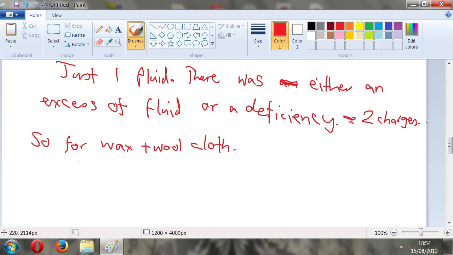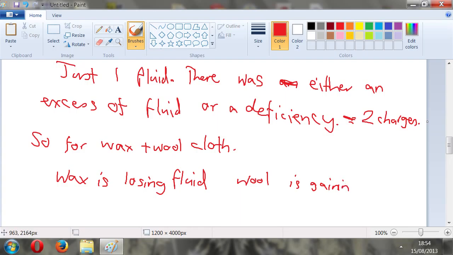The wax is losing fluid, and the wool is gaining fluid. So this is the idea here. Wax is losing, so the wax is going down, the wool is going up.